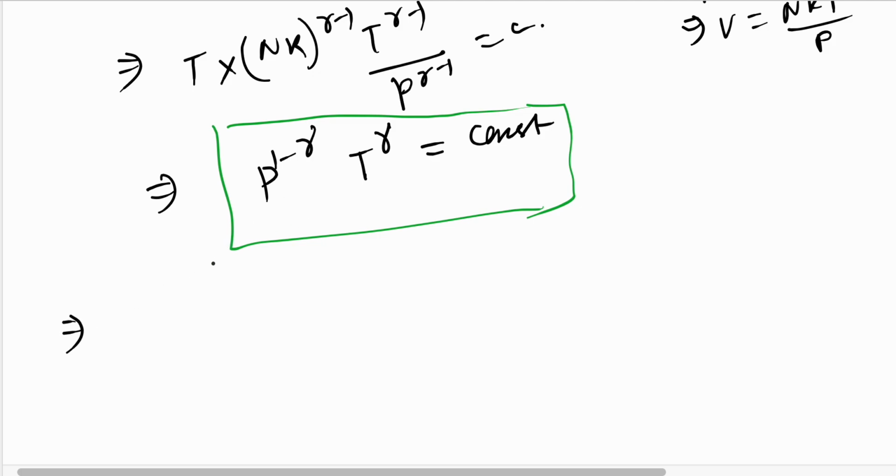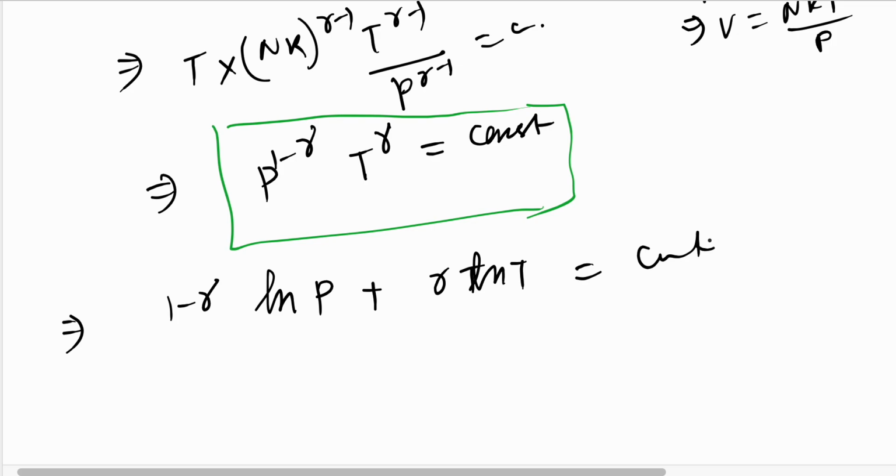Now from here we can write this expression in its differential form. If I take ln on both sides, it will be (1 minus gamma) ln P plus gamma ln T is equal to again some constant.